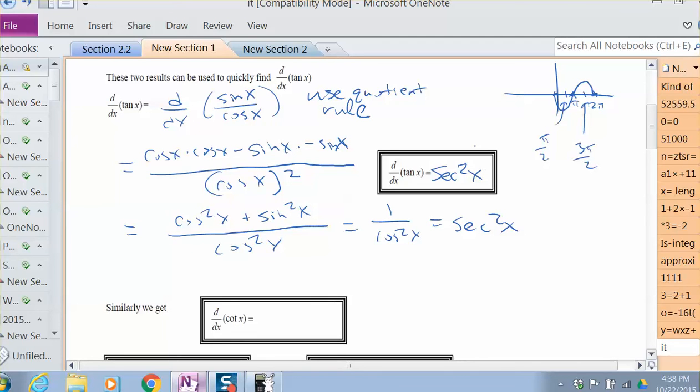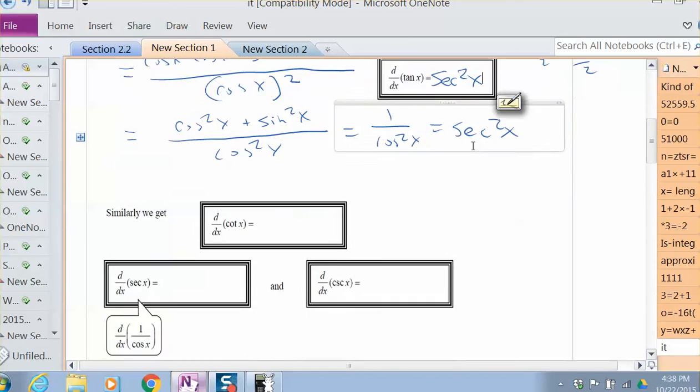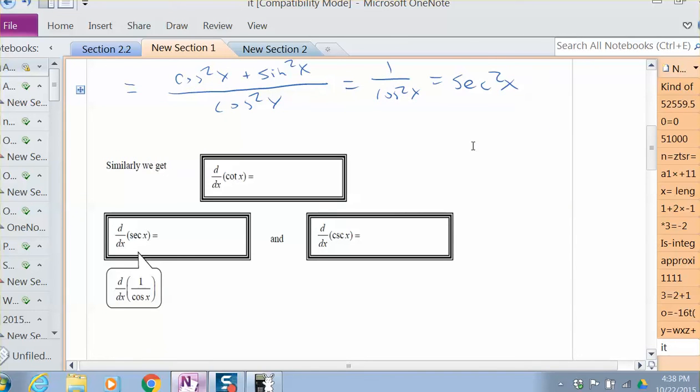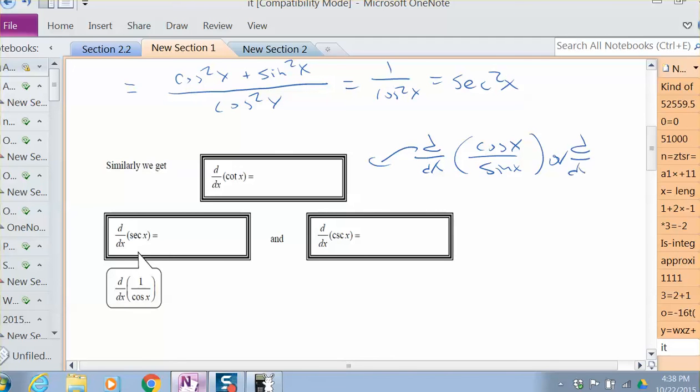You can derive it, no pun intended, by doing it this way. And then similarly, if you do d over dx of cotangent, which is really cosine x over sine x, or d over dx of 1 over tangent x, and do the quotient rule again, I'm not going to do it again because I think it's safe for a homework problem. It is negative cosecant squared x.